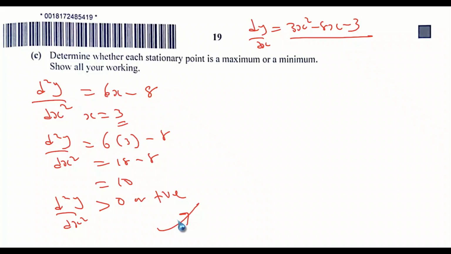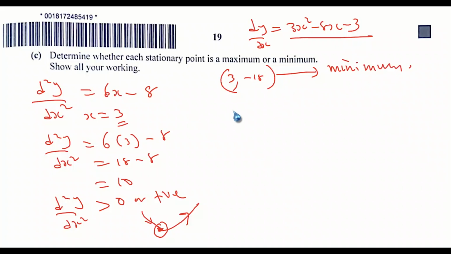So if it is increasing from the stationary point here, that means it was decreasing before it got to the stationary point. So for this case, we're going to have a minimum point. So we can say that at x equals to 3, the corresponding value of y, minus 18, at this point, we have a minimum point.